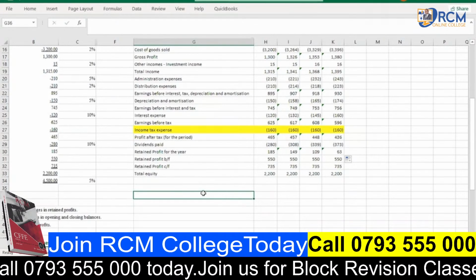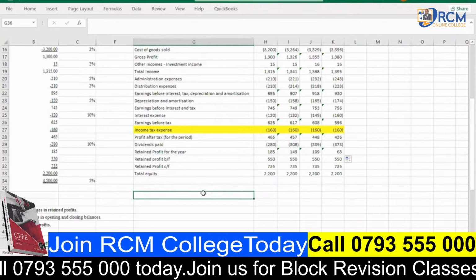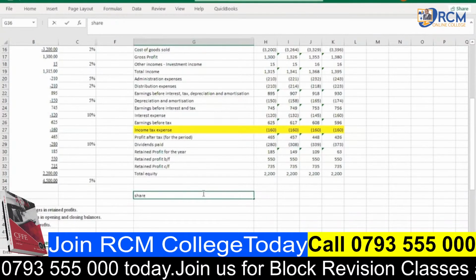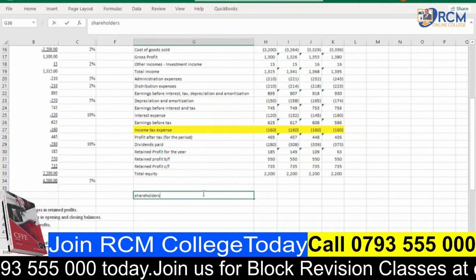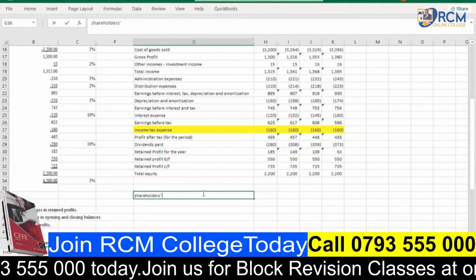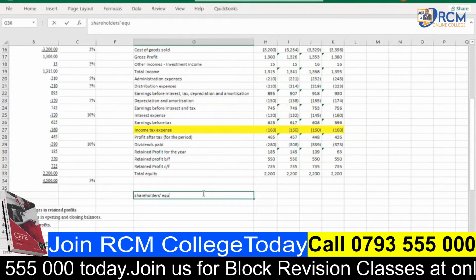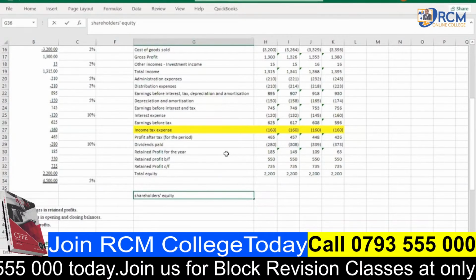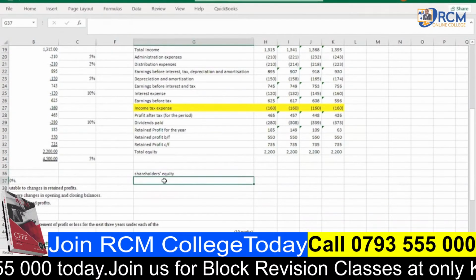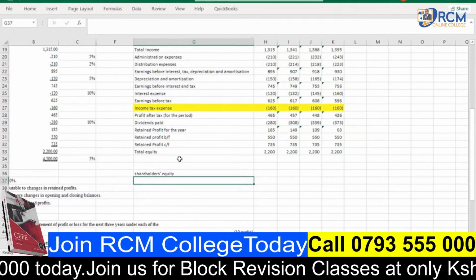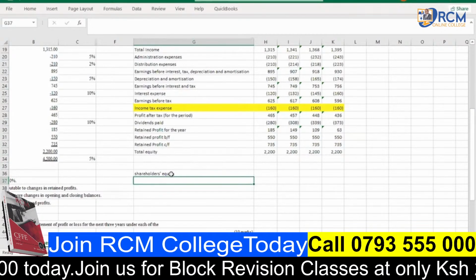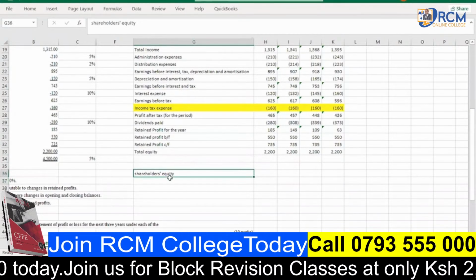So in the shareholders' equity section, can you mention to me the items that we normally have in the shareholders' equity? The total shareholders' equity.